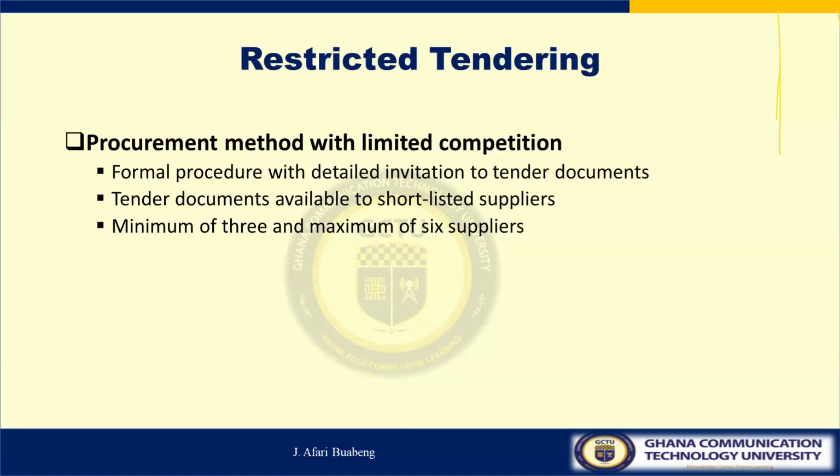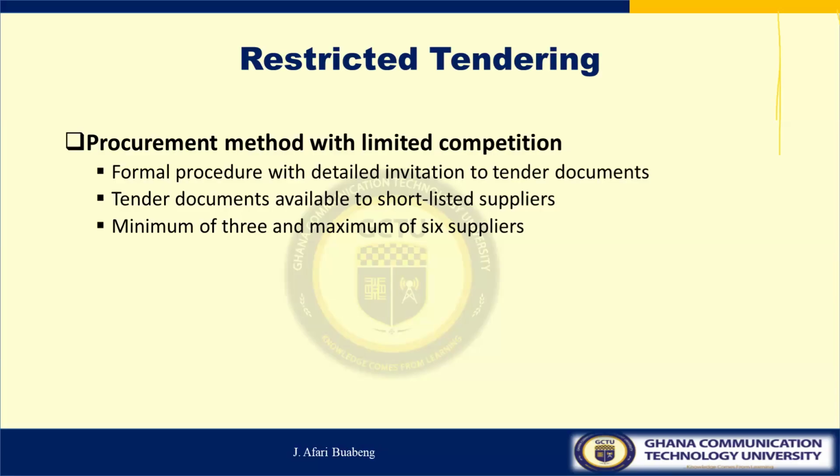There's a formal procedure with a detailed invitation to tender document, available to shortlisted suppliers. Somebody asked a question: a minimum of 3, a maximum of 6 tenders. If you are using a restricted tendering method, this is the condition.